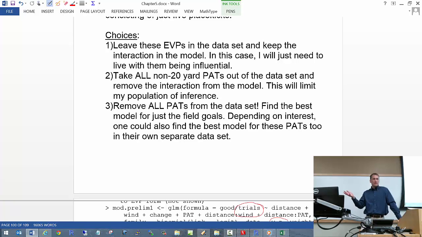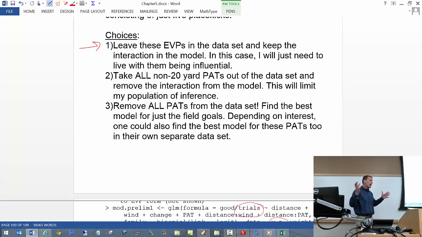So that leads into 3 possible choices of how to proceed. Choice number 1: leave 119 and 120 in the data set and keep that interaction in the model so that they weren't poorly fit. And you're just going to have to live with them being influential.